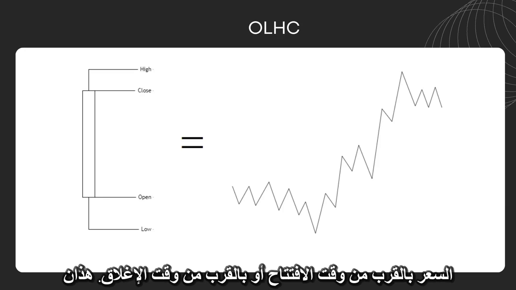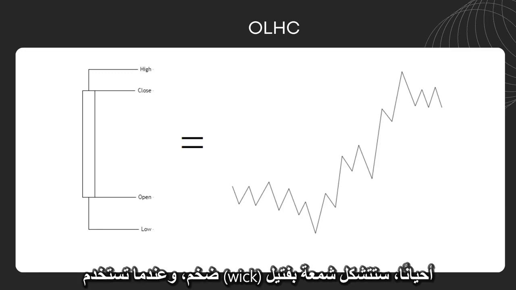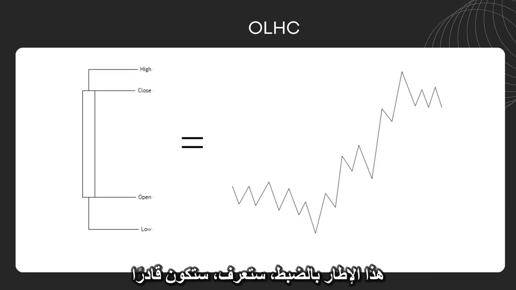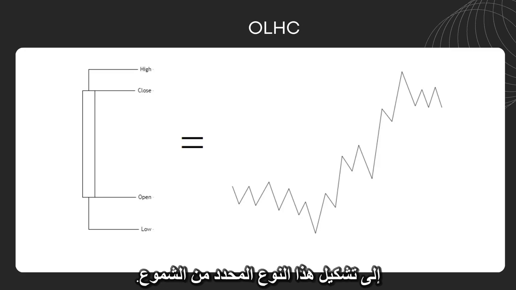Those two things will help you gauge price. Sometimes it's going to form a candle with a huge wick, and when you use this exact framework, you're going to be able to know what had happened on the lower time frame, which led the markets to form this exact type of candle, right?